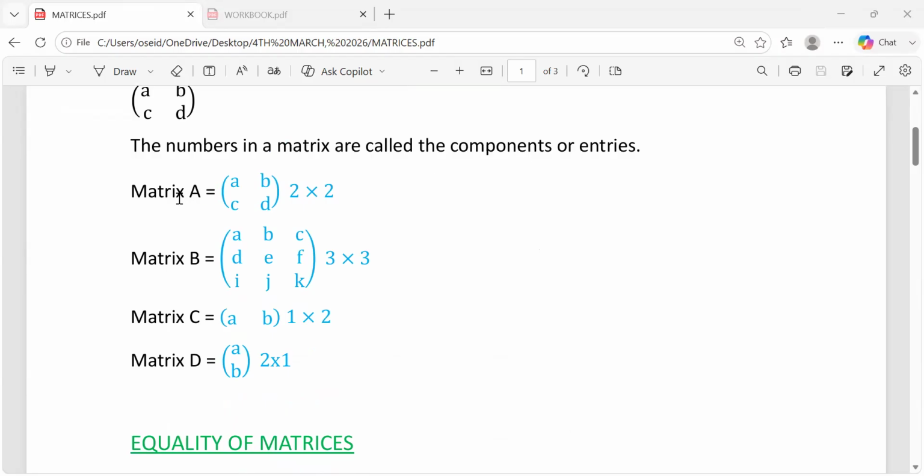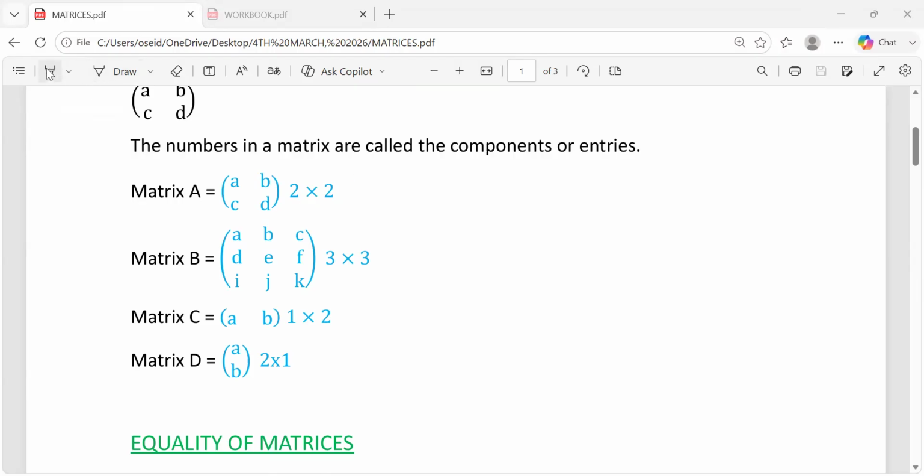So let's take matrix A for example. Matrix A, we have A, B, C, and D. So A, B, C, and D are the components or the entries. We can see that matrix A is a 2 by 2 matrix. Why is it a 2 by 2 matrix?